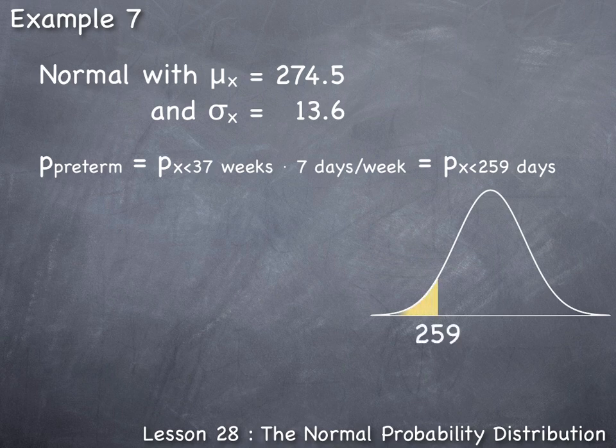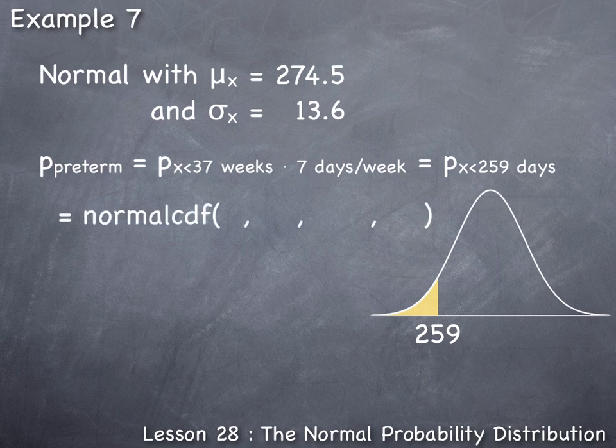So we go all the way from 259 down to the lowest duration of a pregnancy. When we're given the value of the random variable x, in this case less than 37 weeks or less than 259 days, and we want to find the corresponding probability, we need to use the normal CDF command to do that.